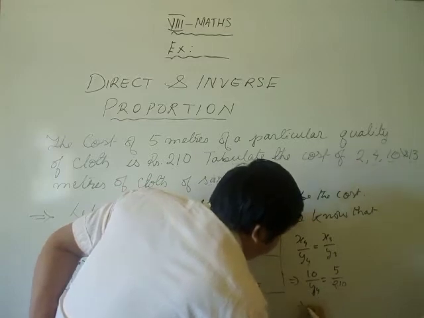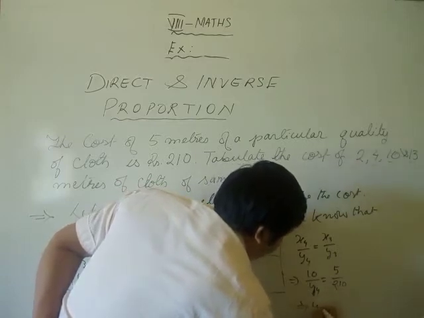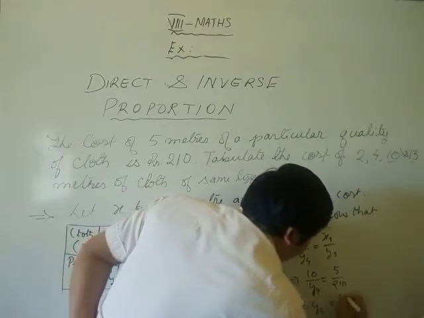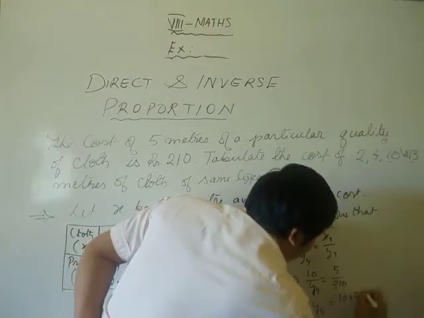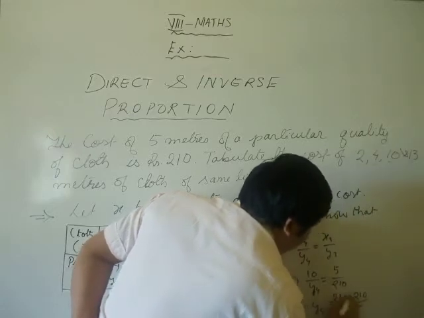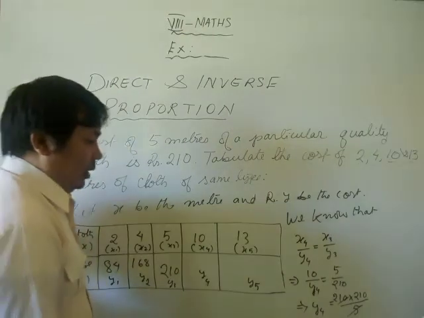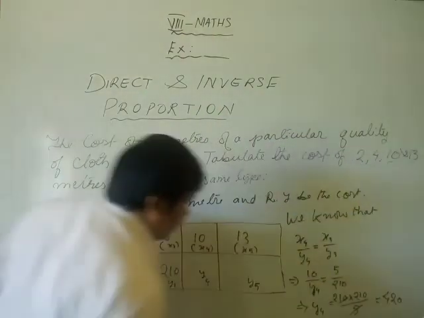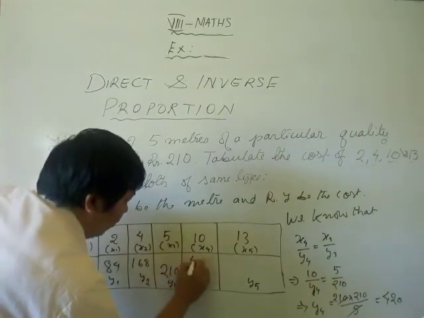So it implies that y4 will be 10 into 210 by 5. How much will be here? 420. So the y4 value will be now 420.